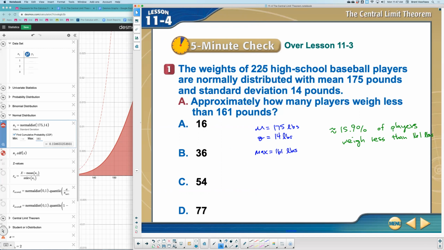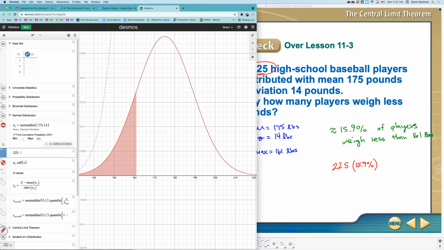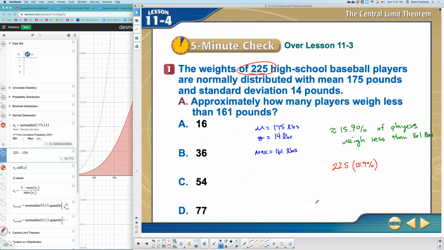This is not a percentage. It says here we have 225 players. So really what that means is I need to take 225 and multiply by that 15.9%, which is the same thing as 225 times 0.159, which means approximately 36 players will weigh 161 or less. So that would be our answer to part A there.